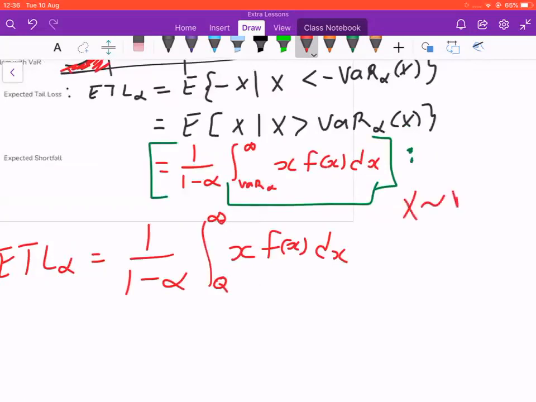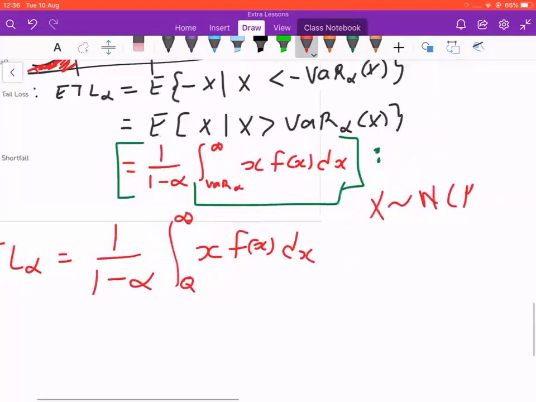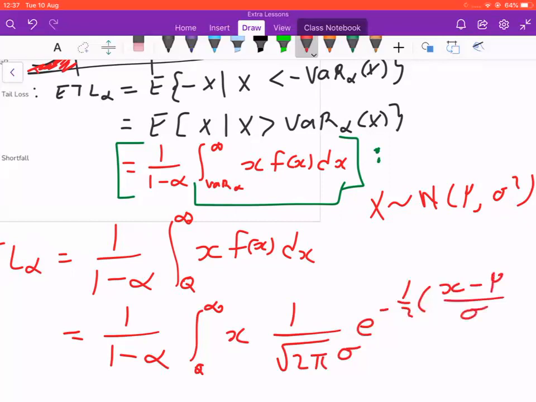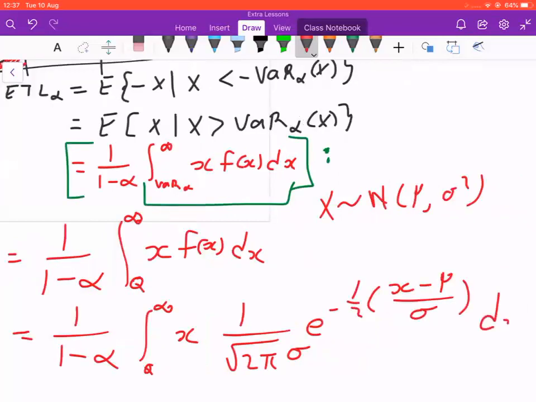They told us that X is normally distributed with parameters mu and sigma squared, so you can simplify this. It's going to be x times 1 over square root of 2 pi sigma, e to the power of minus 1 over 2 times (x minus mu over sigma) squared, dx. I'm sure we all know where this one comes from, hopefully.